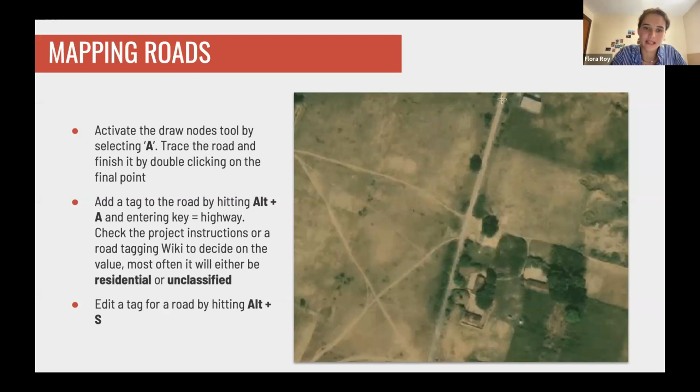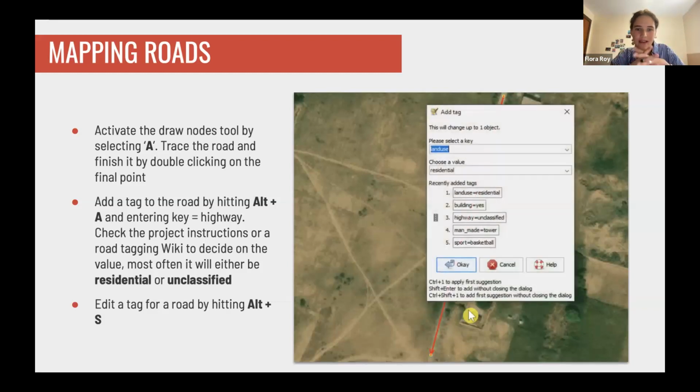It's important to add a tag. So you can do this by pressing Alt and A, and then you want to enter key equals highway, but we'll get into what keys are in the next slides. But make sure to check the project instructions or a road tagging wiki, which explains what value to add, but it will most likely be residential or unclassified. And you can edit the tag for a road by hitting Alt and S. So this is just what you will do to describe what you have mapped. Next slide, please.